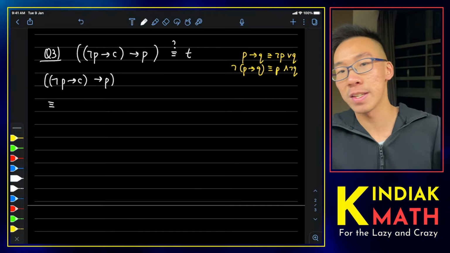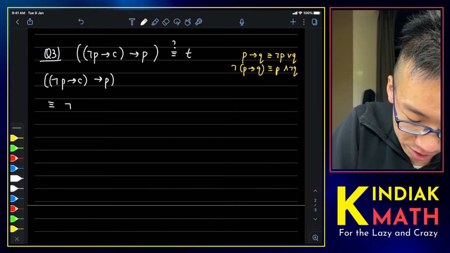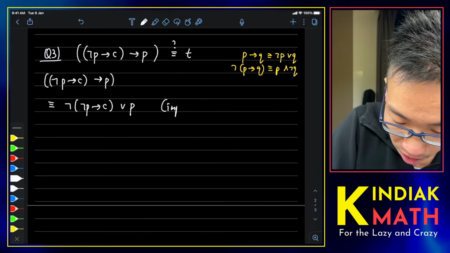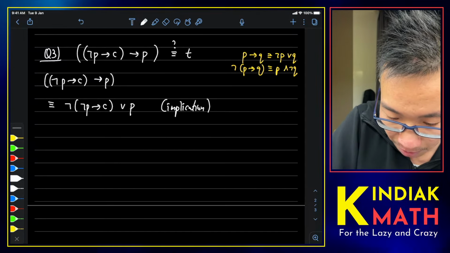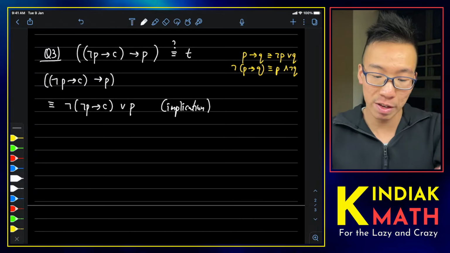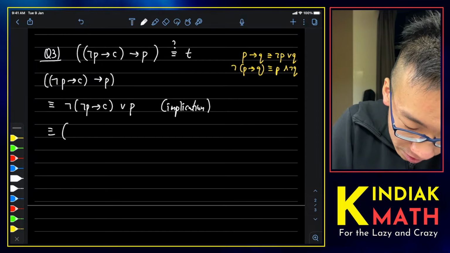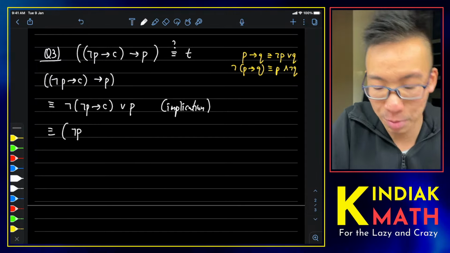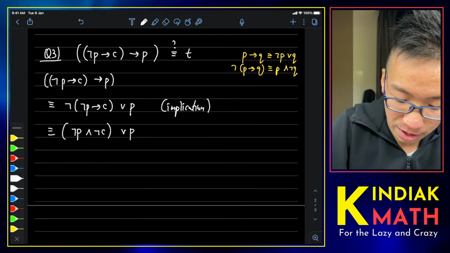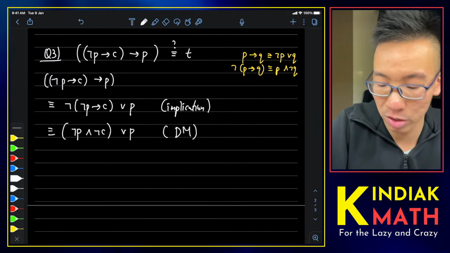So the first thing we see here is an implication. So let's use the implication law. Followed by the negation of an implication. So the negation of an implication tells us that we are getting P, now it's the first guy, and the negation of the second guy. This is by De Morgan's laws.